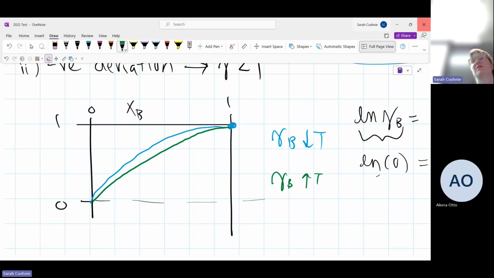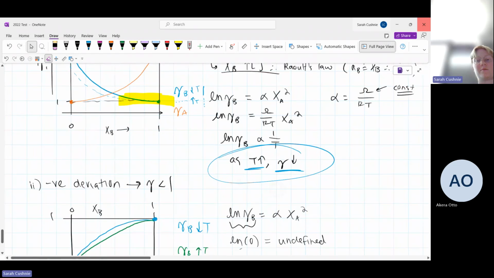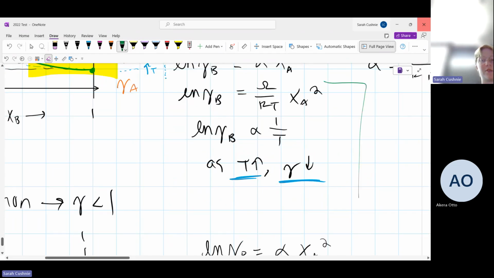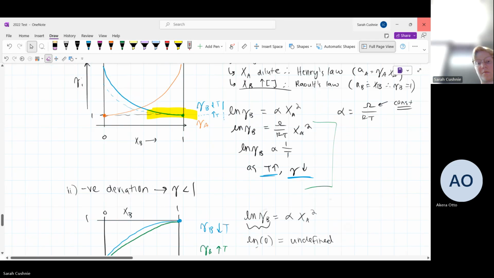The activity coefficient is going to decrease. They're inversely proportional. The ln of that comes down to this relationship here. This is true for all cases, no matter whether it's negative or positive deviation.